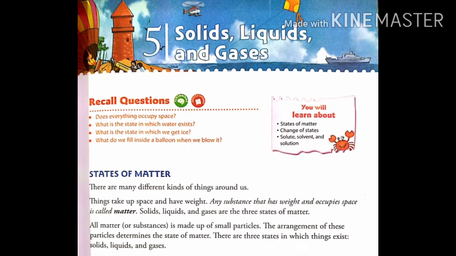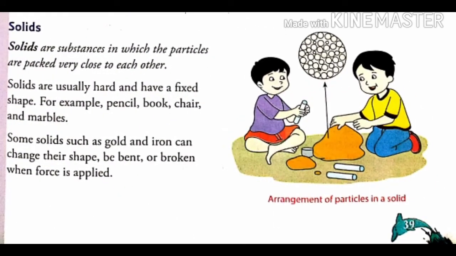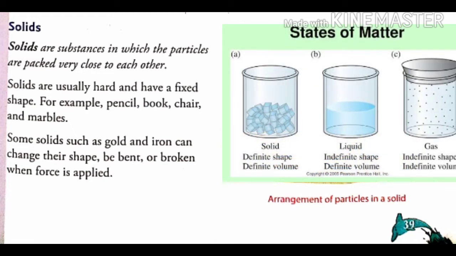Now let's move further and study our first state of matter, that is solids. What are solids? Solids are substances in which the particles are packed very close to each other. So solids are those substances, those things in which particles, tiny particles or molecules, are packed very close to each other.